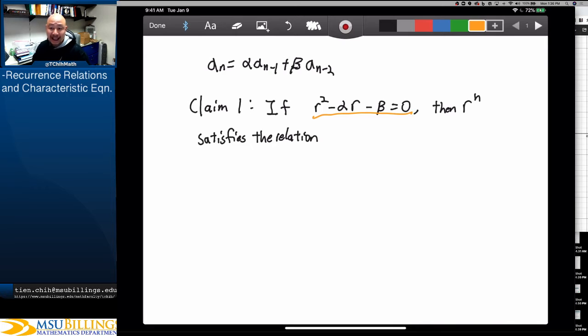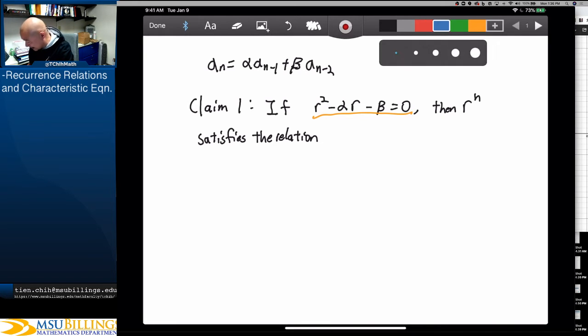So the first claim is that a root to this equation satisfies the relation. That is, if I take these coefficients and solve for the r's that make that 0, then taking those to the nth power makes the statement true. So let's go ahead and see why that's the case. Let's say we did have such an r.